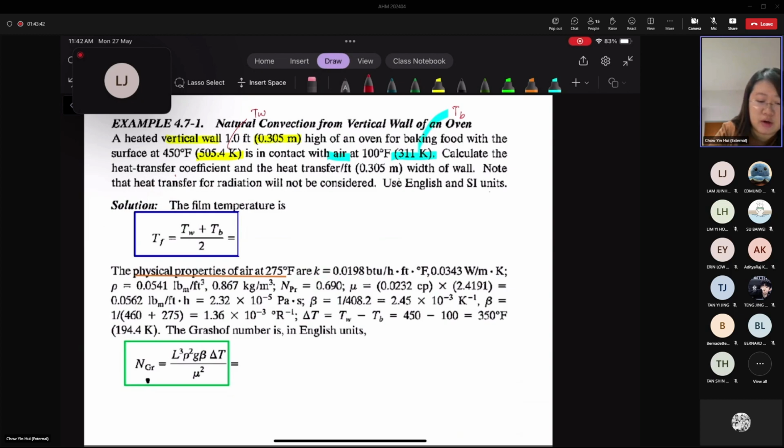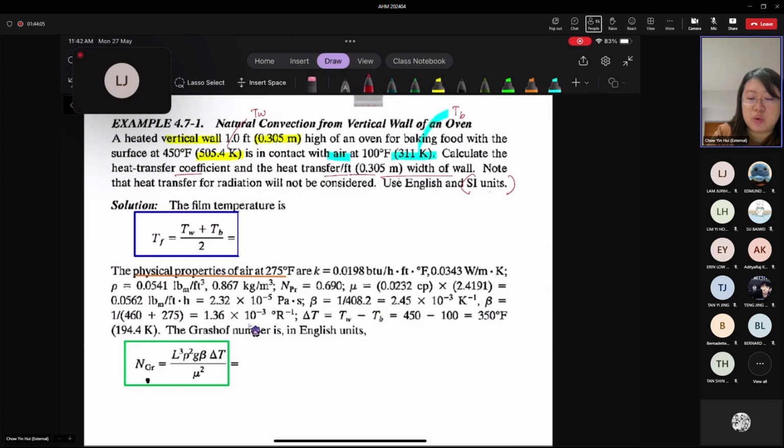Calculate the heat transfer coefficient and the heat transfer per unit width of the wall. Note that the heat transfer for radiation will not be considered. Some data given here is in English units, but we are focusing only on SI units.